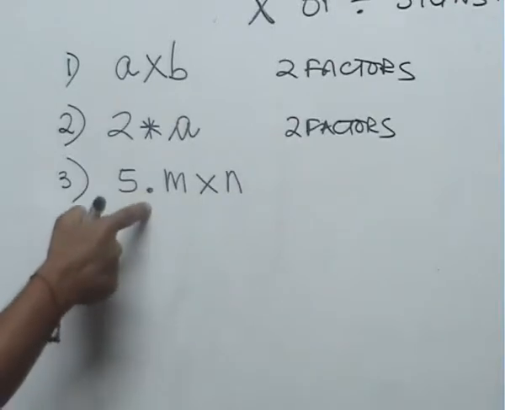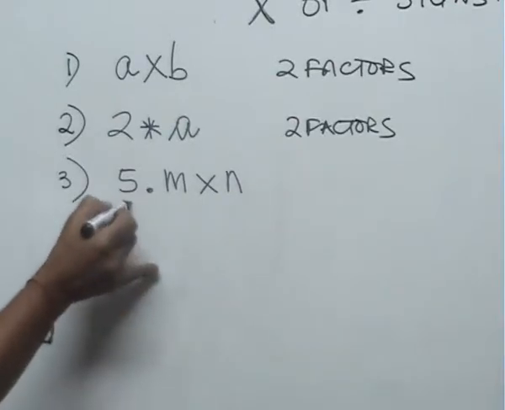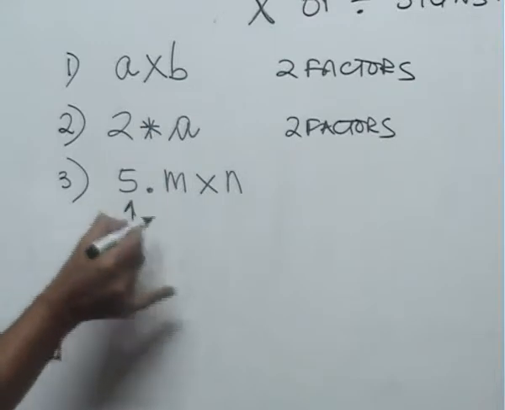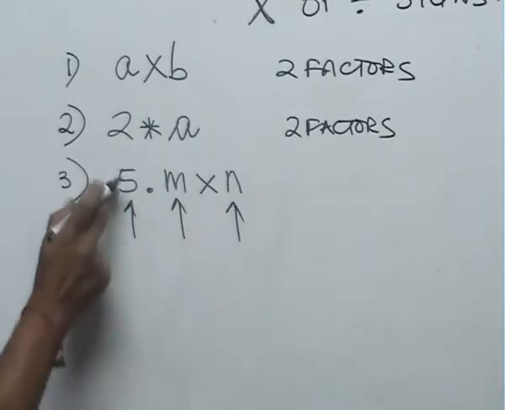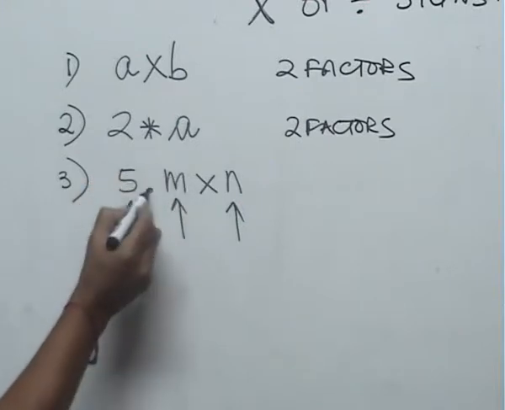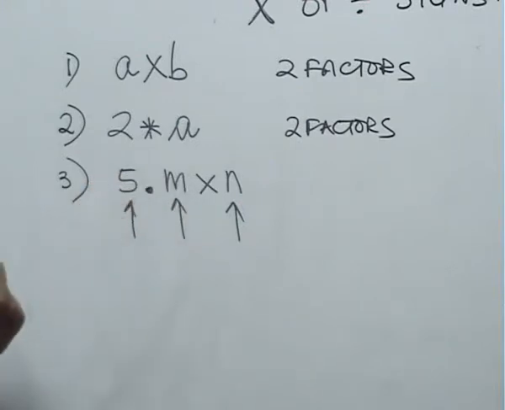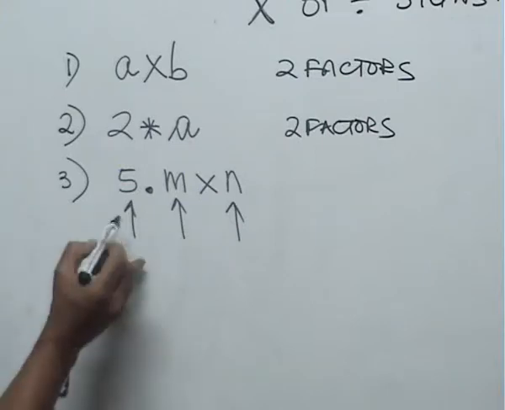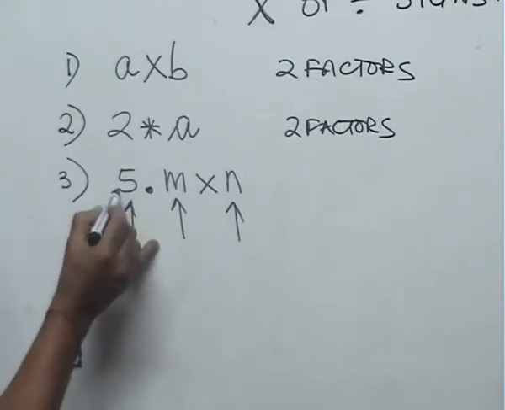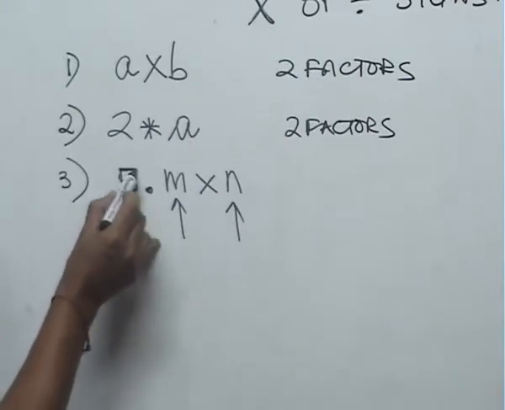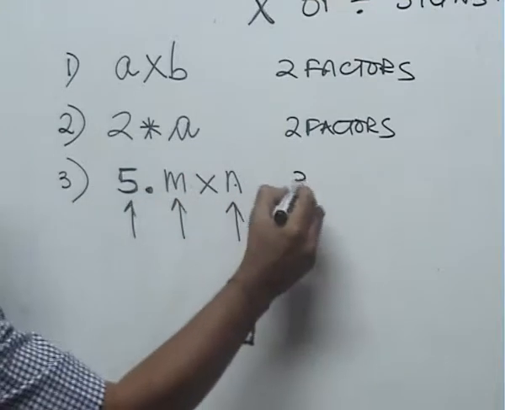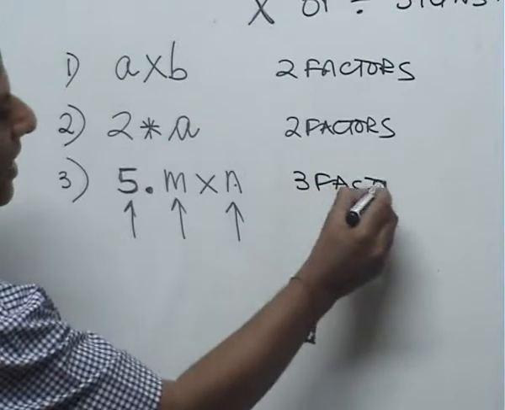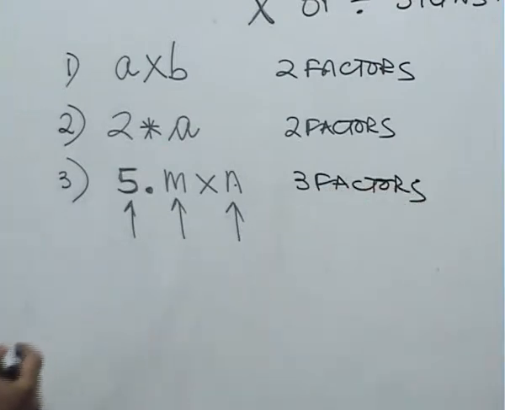Well, this stands for multiplication also. So that's one factor, that's another factor, and that's another factor. So there's 3 factors here. So you see, it's not wise to count up signs, but it's wise to understand what a factor means. 5, m and n are the 3 factors.